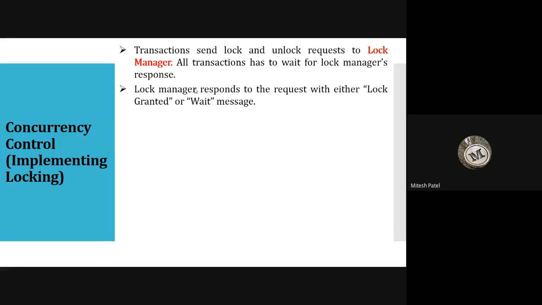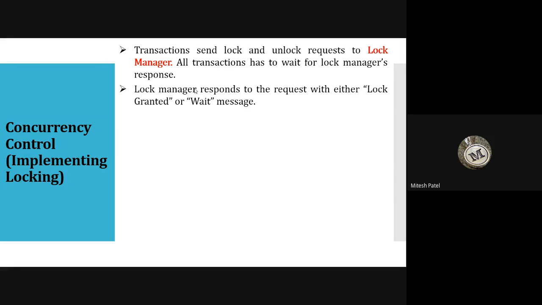If you are requesting data item A, maybe in S mode or maybe in X mode, if it is available, then lock manager will send a message or respond to your request like lock granted. आपका lock grant हो गया. और सेम डेटा आइटम पे सपोज कोई ट्रांजेक्शन लॉक मैनेजर को रिक्वेस्ट भेज रहा है, I want this lock on the same data item. तो लॉक मैनेजर will respond to that transaction, please wait, some another transaction is holding that data item.